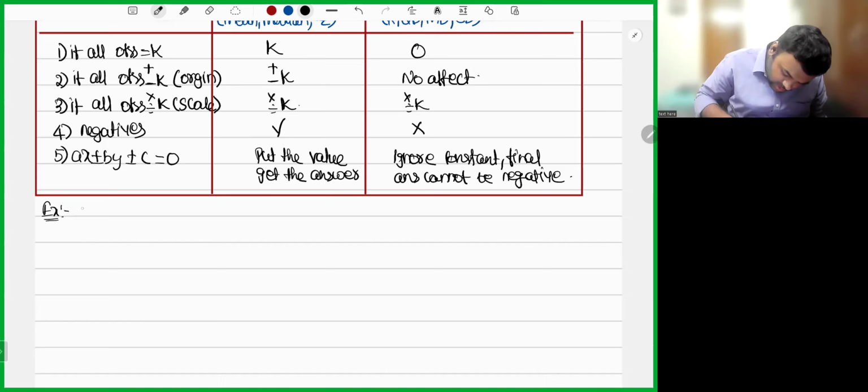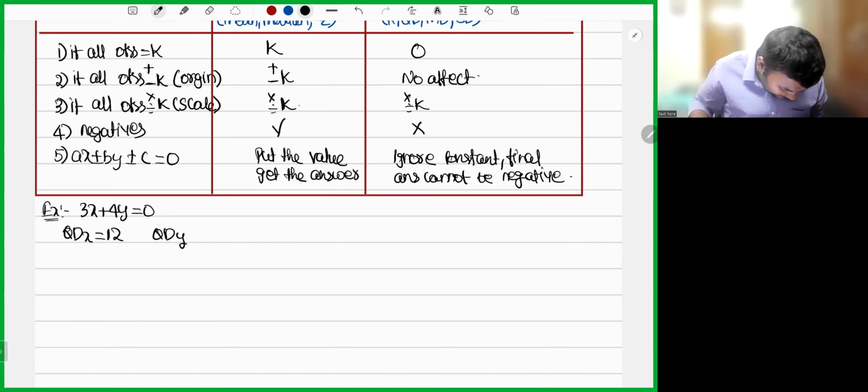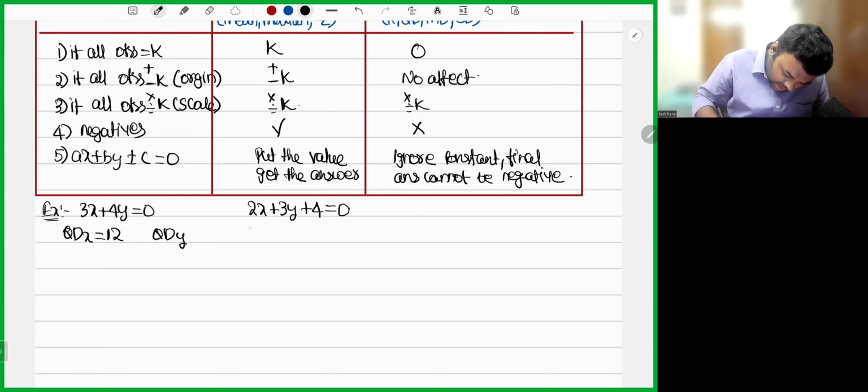3x plus 4y is equal to 20. Quartile deviation of x is 12. Calculate quartile deviation of y. Next, 2x plus 3y plus 4 equals to 0. Standard deviation of x is 6.